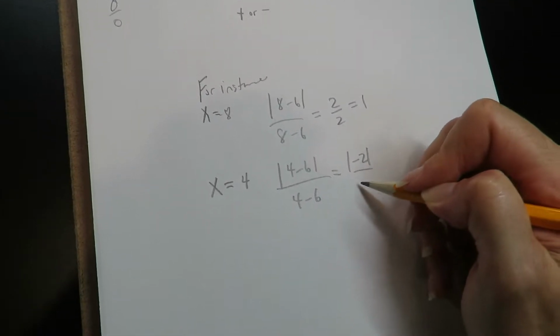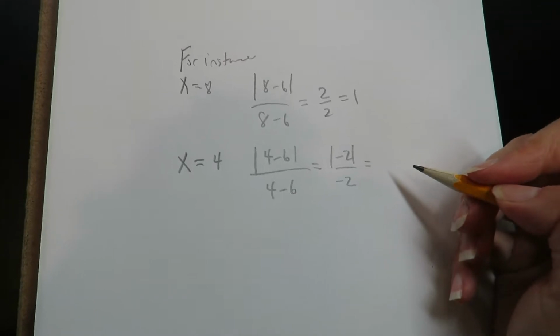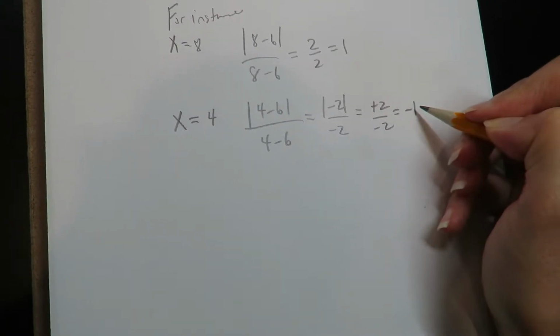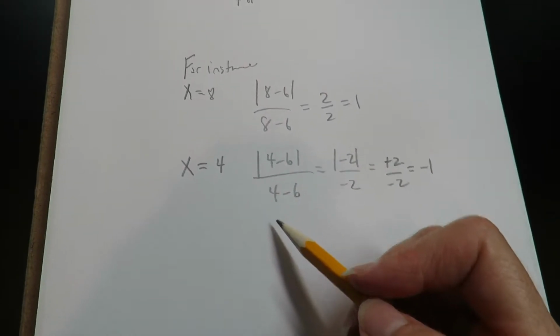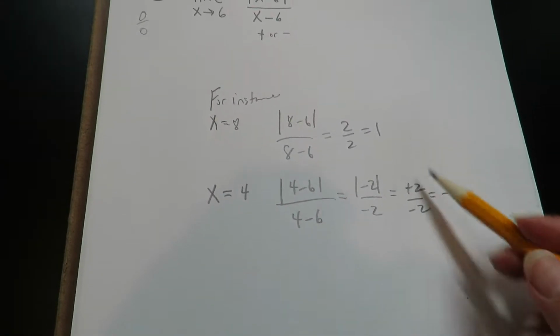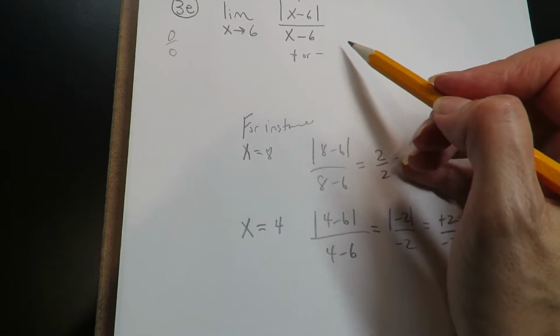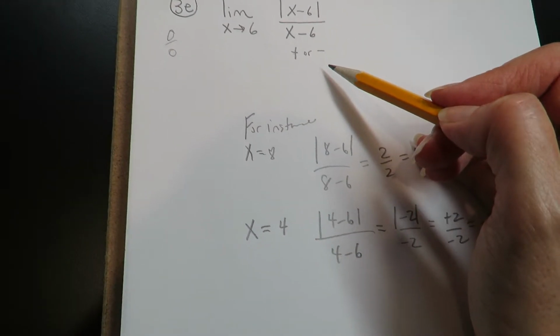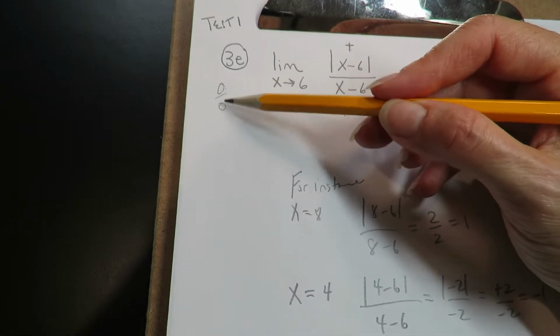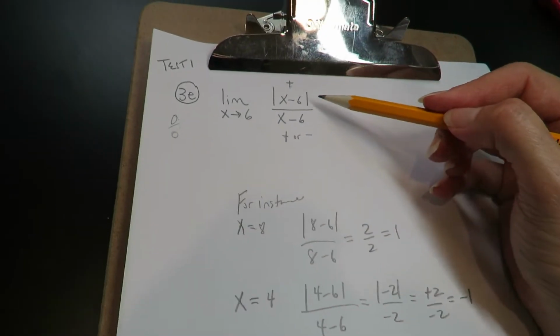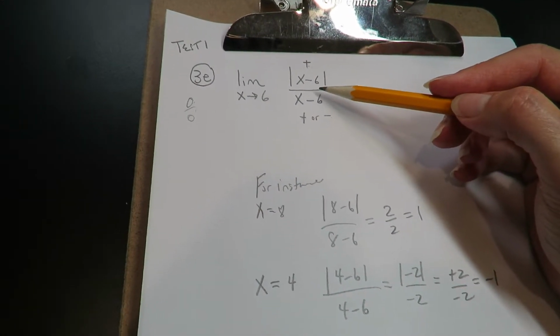But in the numerator, it's the absolute value of negative 2, which is going to make it positive 2. So the ratio for something like 4 is negative 1. So it can give out both these values. Where it's going to switch from positive to negative is where the function becomes 0 over 0 or indeterminate. So in other words, the jump occurs at 6 in this case.